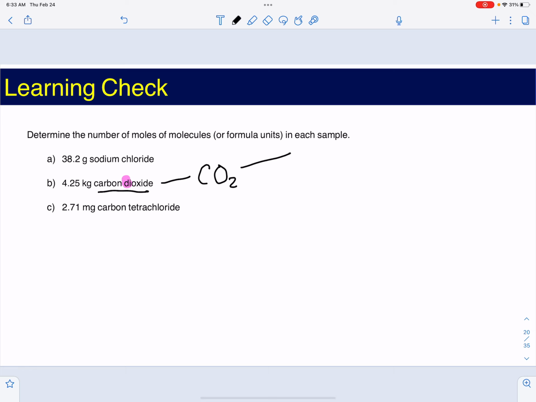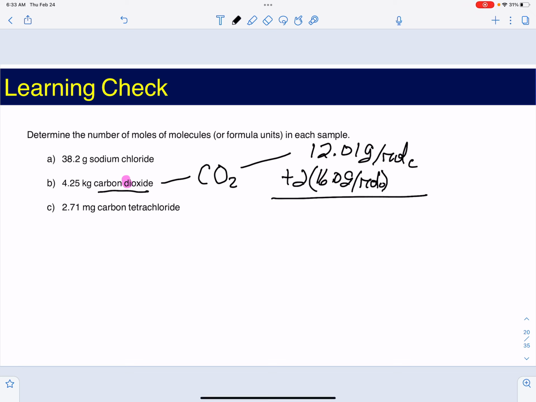And this is going to be 12.01 grams per mole for the carbon, plus 2 times 16.0 grams per mole for the oxygen. That's going to be 32 plus 12. That's going to be 44.01 grams per mole.